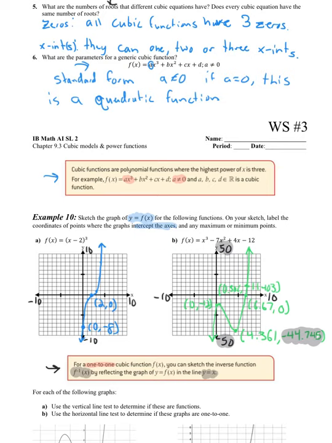That would make it one-to-one, which means if I'm looking at example A, it would pass the vertical line test because it's a function. Example B also passes the vertical line test. But if I'm doing the horizontal line test, on example A it passes, but on example B, if I go like right here, I see 3 different x values that are sharing the same y value.